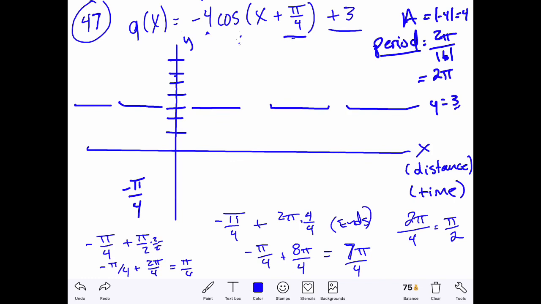Okay, so I can now safely put in both because I know if I'm at negative pi fourths and my next location is pi fourths, notice the y-axis isn't one of my locations, so I have to be careful that I don't mistake the y-axis there for one of my locations.